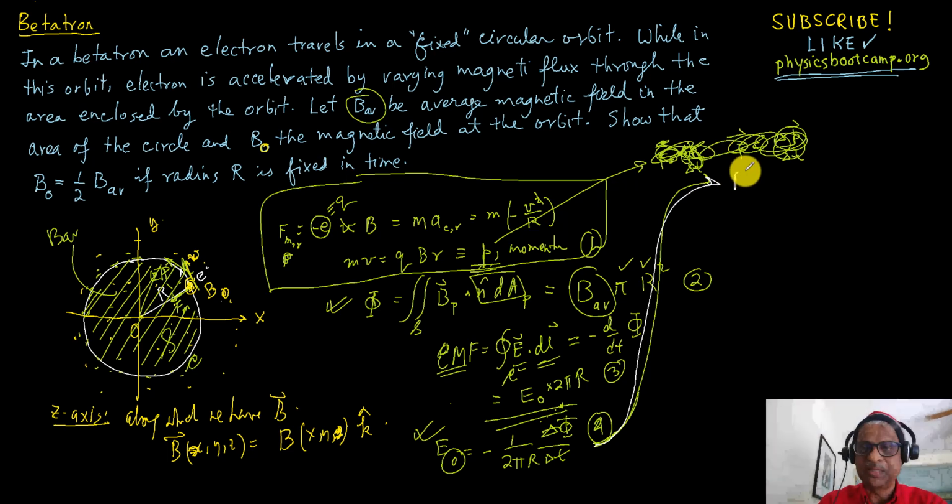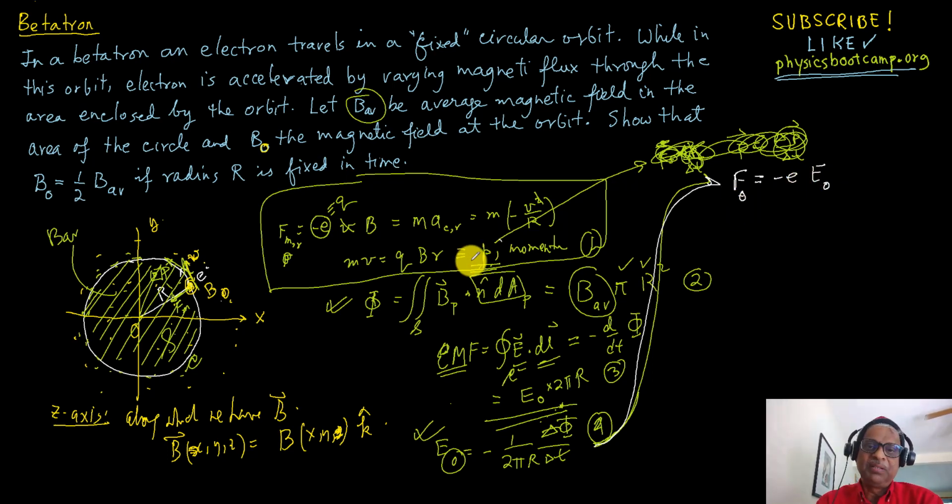So this force is along the theta direction. This direction is the theta direction. Force is along the theta direction, right? Angular direction. So that is equal to minus E times the electric field, and this is along the theta direction. So that's just equal to that. And what's the force?